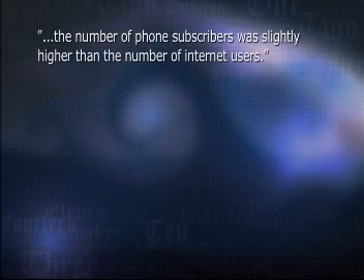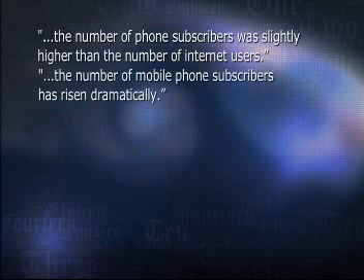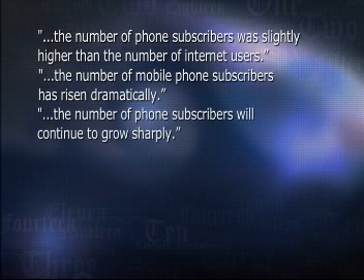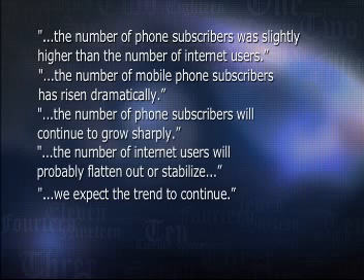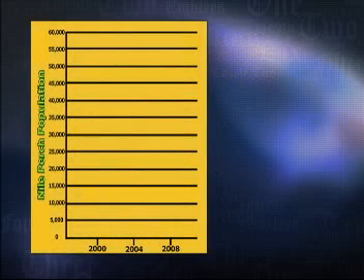Students, here are some of the ways we just described the data on the report. However, all of these terms deal with an increase in numbers. How would we describe a graph that has decreasing trends? Here is a new set of data.